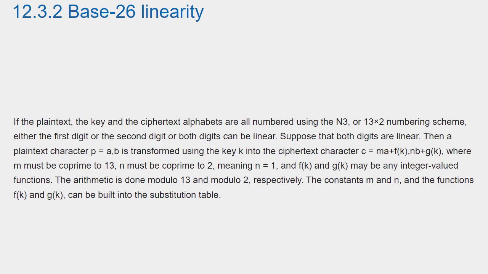Then a plaintext character P = (A, B) is transformed using the key K into the ciphertext character C = (MA + F(K), NB + G(K)), where M must be co-prime to 13, N must be co-prime to 2, meaning N = 1, and F(K) and G(K) may be any integer-valued functions. The arithmetic is done modulo 13 and modulo 2, respectively. The constants M and N and the functions F(K) and G(K) can be built into the substitution table.